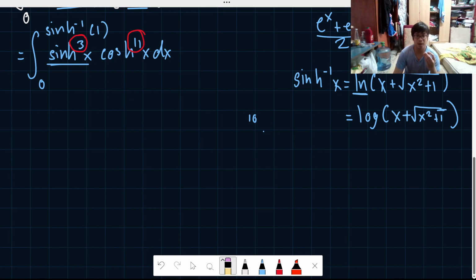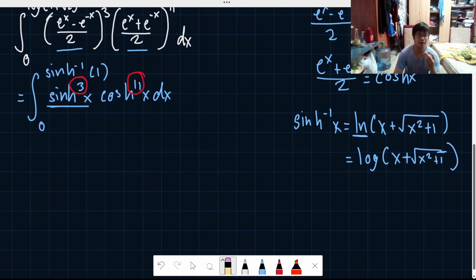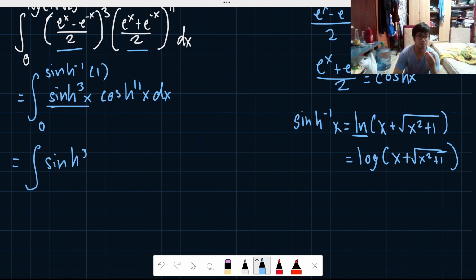Since we are going to factor out a hyperbolic cosine, this would become hyperbolic cosine of x raised to 10 times hyperbolic cosine of x. This is what will be the result. All right? Okay, so now we have this.